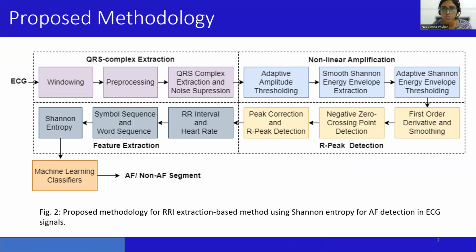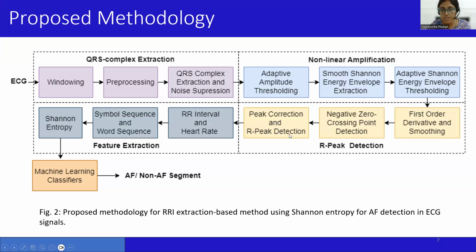For that, we go through multiple steps like adaptive amplitude thresholding, smooth Shannon energy envelope extraction, adaptive Shannon energy envelope thresholding, followed by first order derivative and smoothing, negative zero-point crossing detection, and lastly peak correction, and finally the RPIC detection.